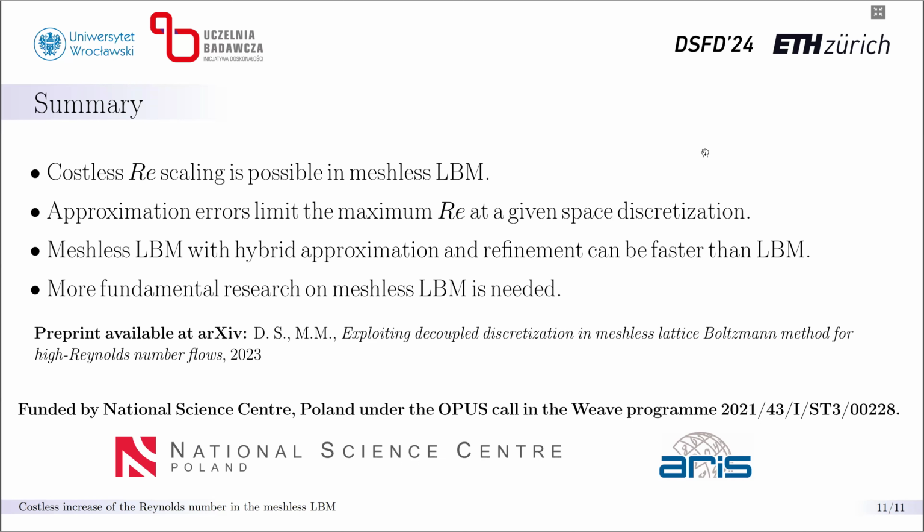All these results provide further motivation for research on meshless LBM, and things that I've shown you today are available with more detailed description in our archive preprint from last year.